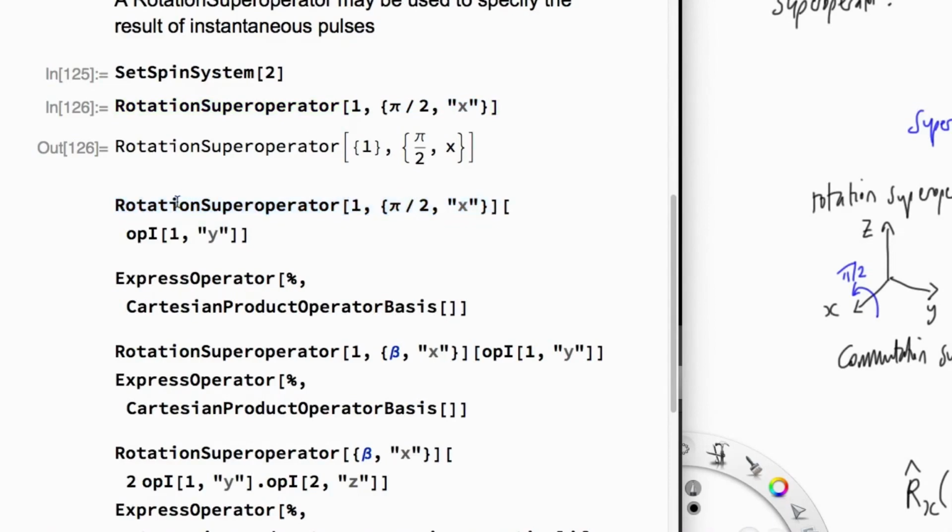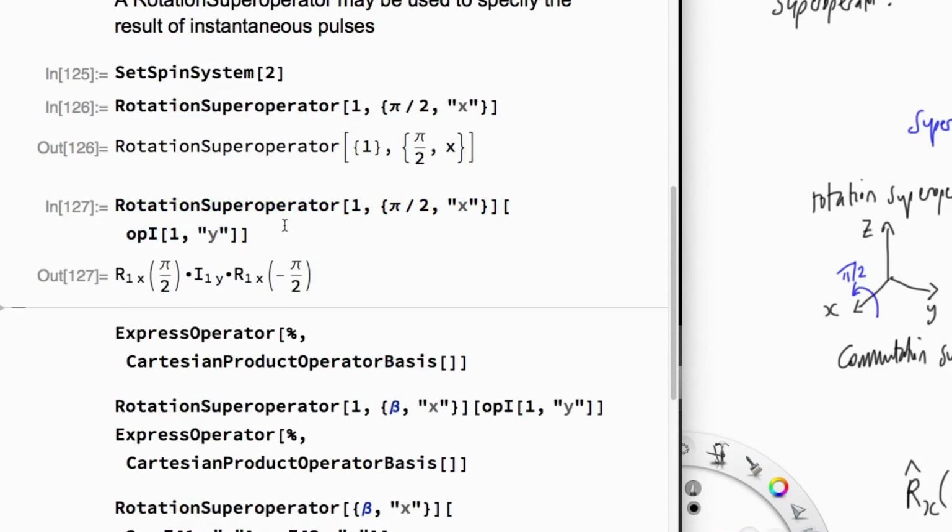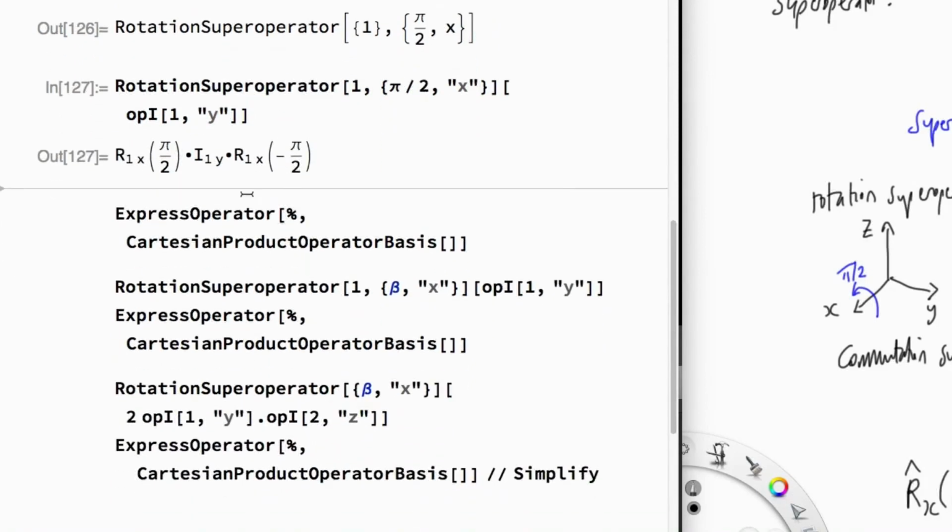I can apply that superoperator to another operator, Iy, and I get a result which so far doesn't have an obvious interpretation. It's the product of three operators, two rotation operators and one angular momentum operator.